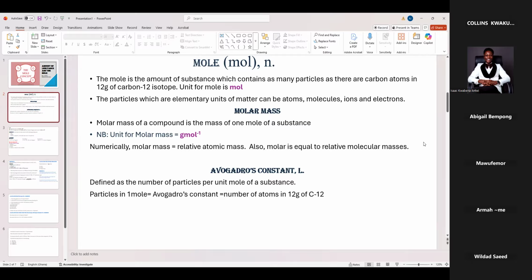Most of us have heard or seen that the relative atomic mass of, say, carbon is 12, and the relative atomic mass of hydrogen is 1. These are some of the things you need to pay attention to when attending to the mole concept or the amount of substance.